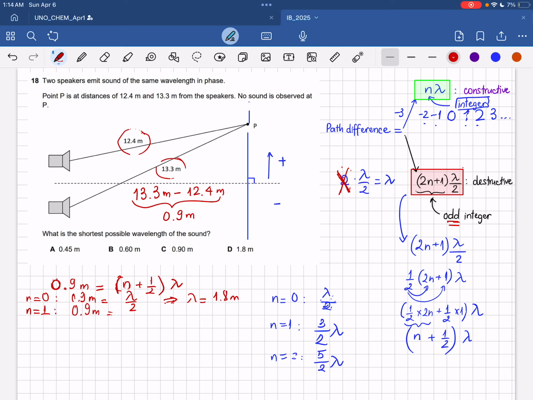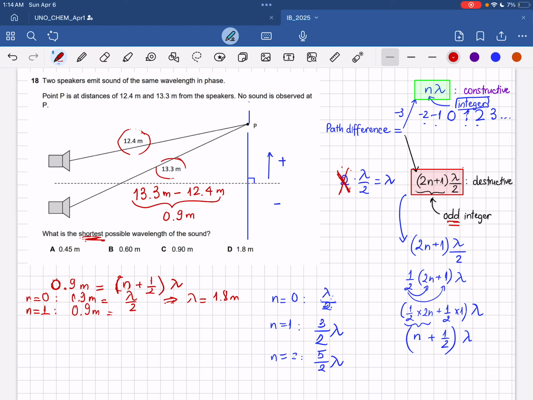Okay, but they asked for the shortest one. In order to find the smallest value of lambda possible, we will need this one to be as great as possible, so we need to keep continuing.